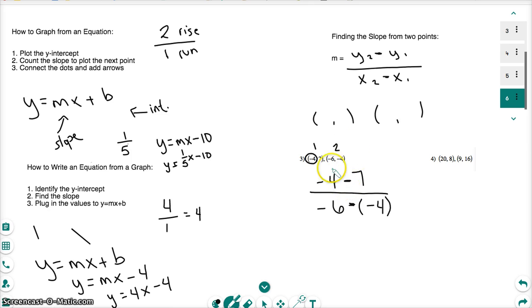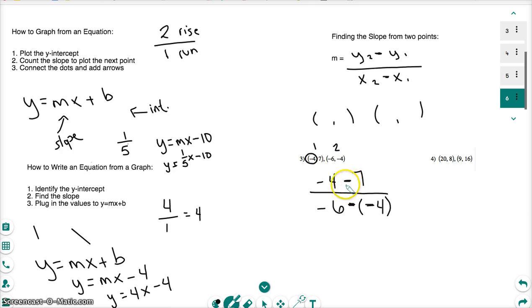The negative 4 is negative because it was negative here. The negative 6 is negative because it was negative here. And this negative 4, I put in parentheses to remind myself it's not this subtraction sign. It's just this negative, the 4 is also negative. So I have to put parentheses here.